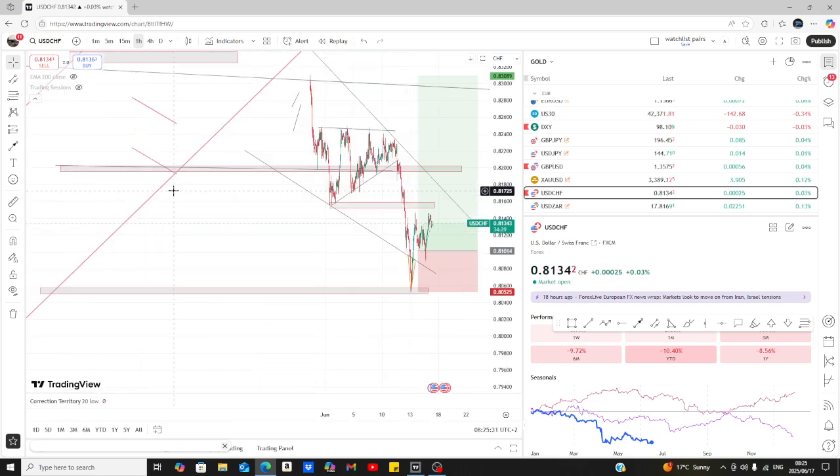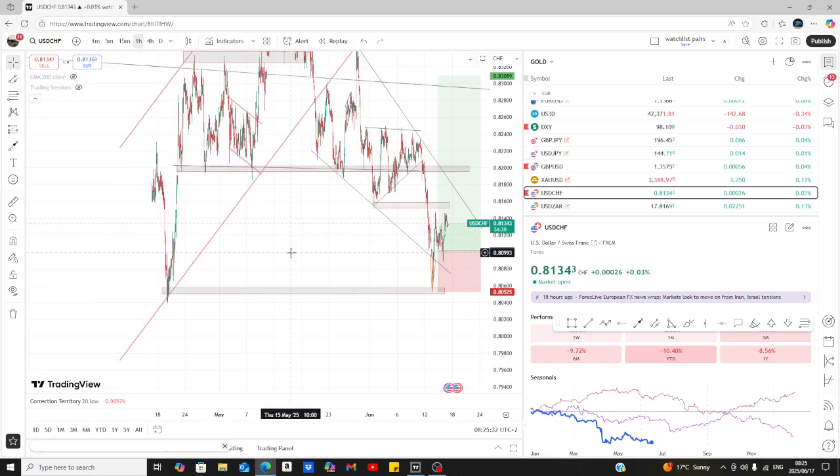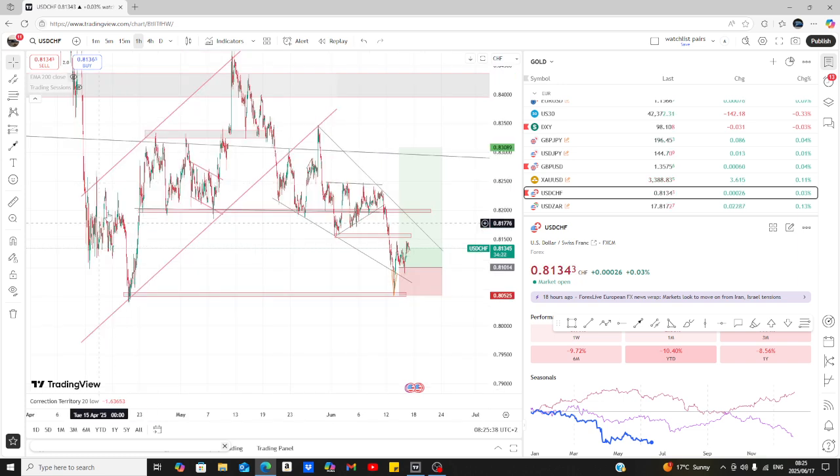If you see USD Swiss, similar setup to the dollar, we have this bullish ascending channel, potential double bottom, potential W formation, and this was a manipulation zone right here.